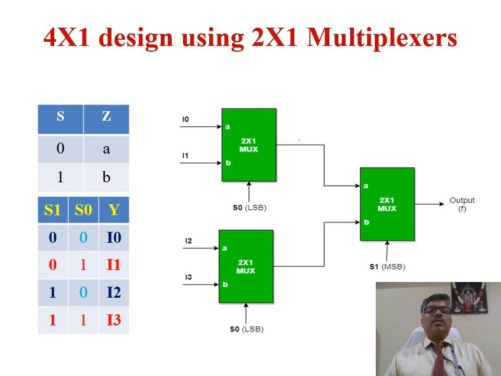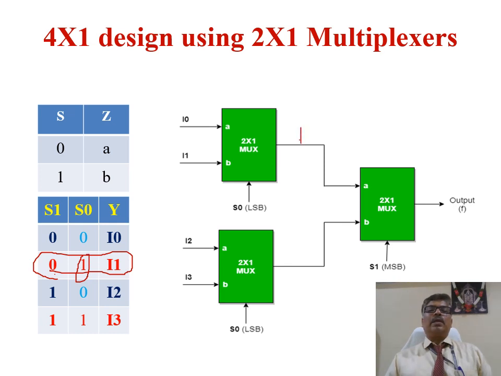Suppose, for example, I have given 0, 1 as my S1 and S0. So what will happen in this case? For I0, I1, S0 is 1, so which one is selected?